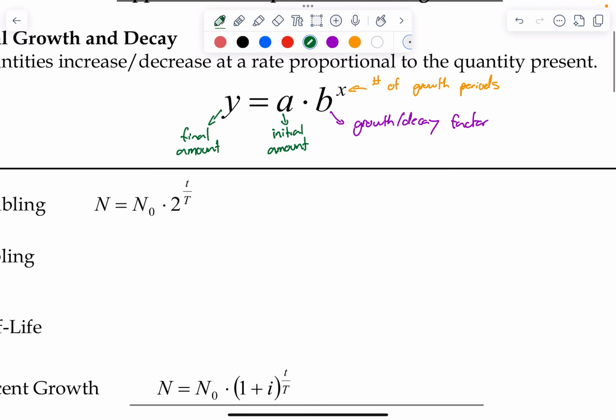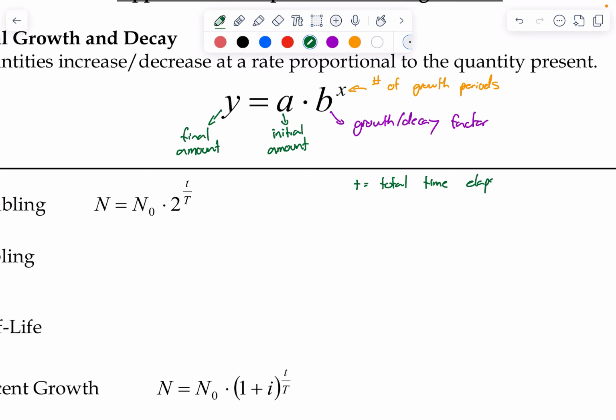Well, that is really just the same thing as x, and it's just how many growth periods there are, where t, little t, is just the total time that's gone by, total time elapsed. And big T, well, that is the time for one growth period. For one growth period.